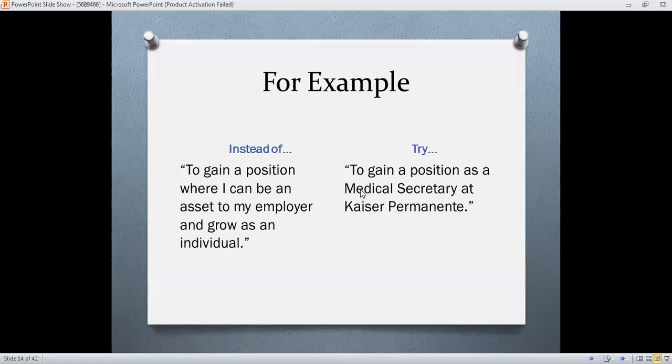Okay, so you can use, to gain a position as a software engineer, game developer at Cognizant, TCS. Okay, like that. So be very specific about what position you want to gain and where.